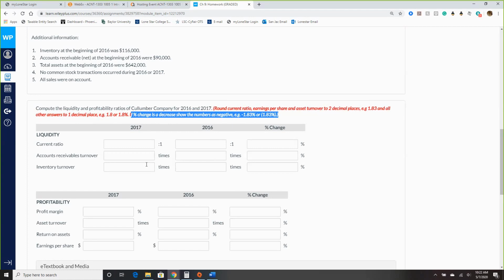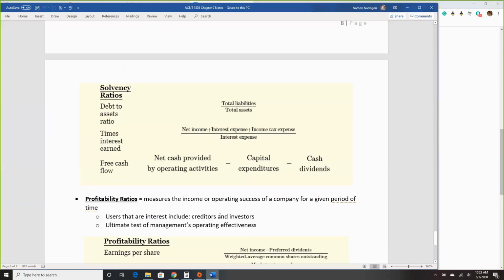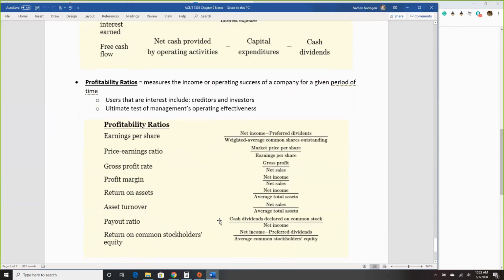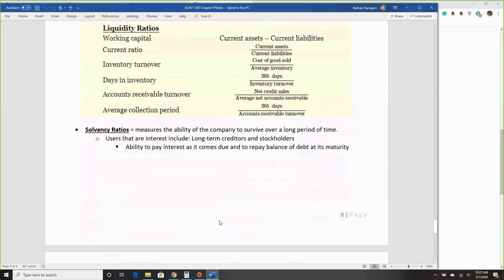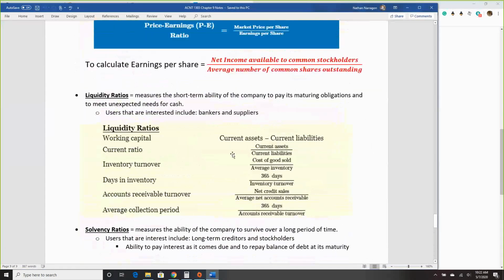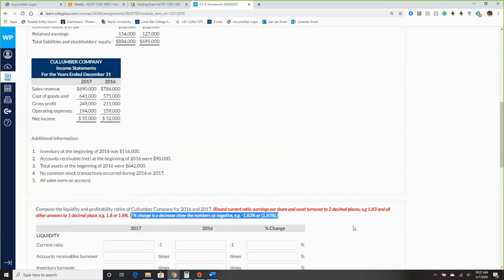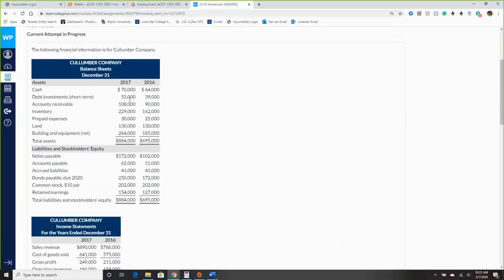Alright. So first thing, let's do our current ratio. And I want to always refer to the notes because the notes give us the best thing on the formulas. Got a little formula cheat sheet. Current ratio, current assets divided by current liabilities. So 16.